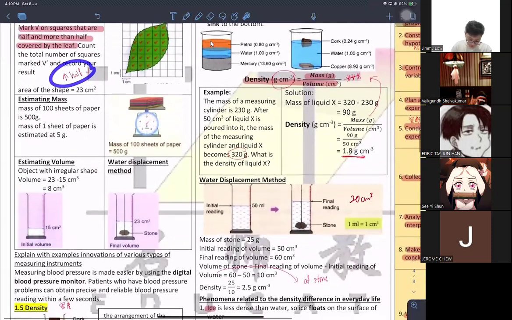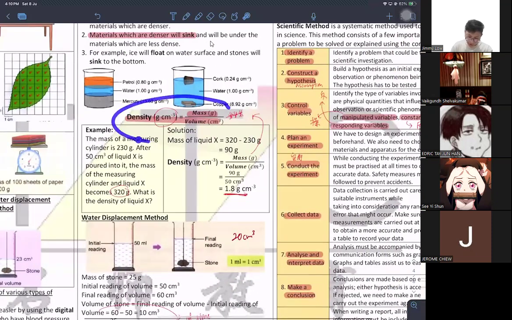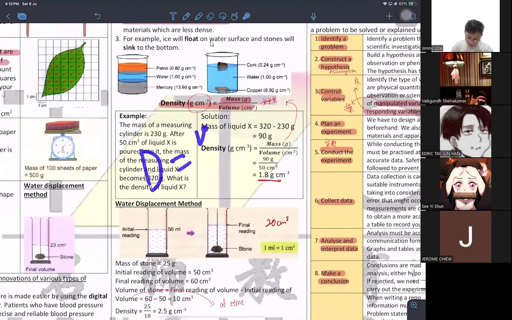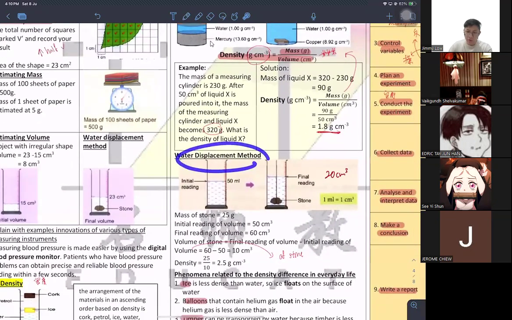Then you have to know how to calculate density. The density formula is what we so-called density equals mass divided by volume. You can play around with the formula. The volume goes to here, becomes multiply, whatever. Then the water displacement method is where we use the difference of water volume to indicate the volume of the solid.